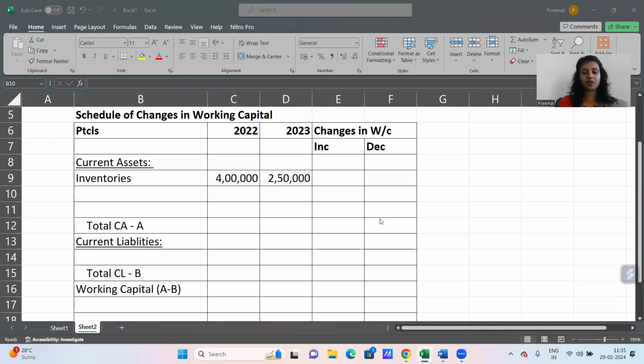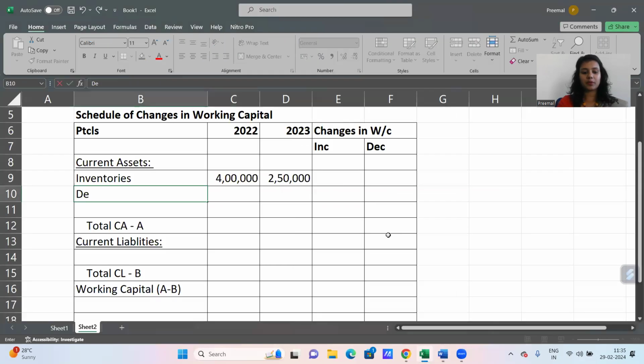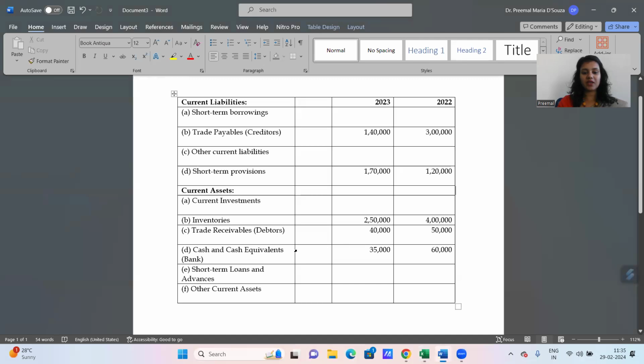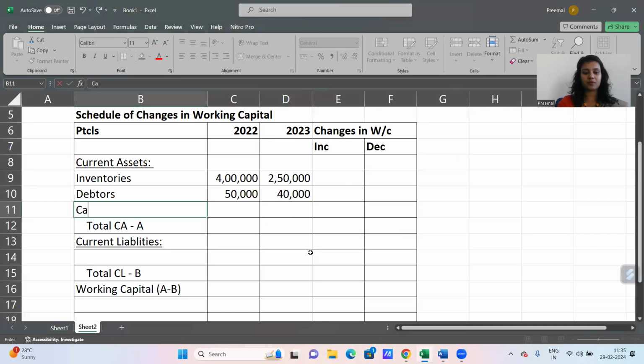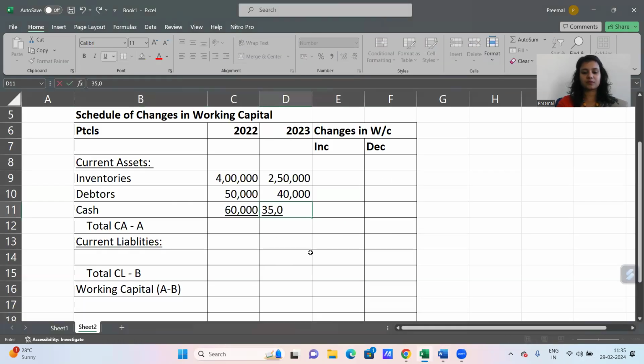Next, we have debtors. Copy down the values of debtors, 50,000 and 40,000. Next, after debtors, we have cash. The amounts are 60,000 and 35,000.